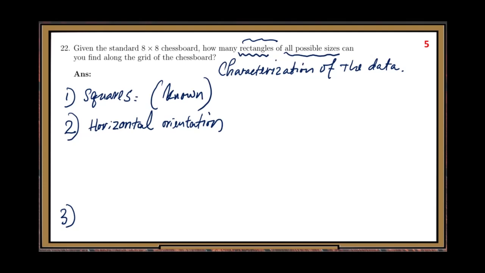So the third one, we do not need to calculate. We just use the same number from type 2. So now we only need to calculate type 2.